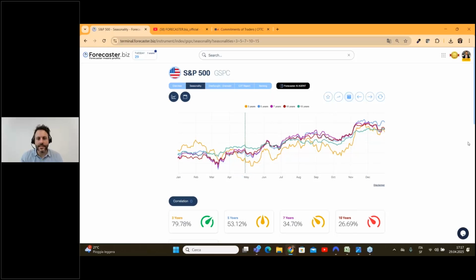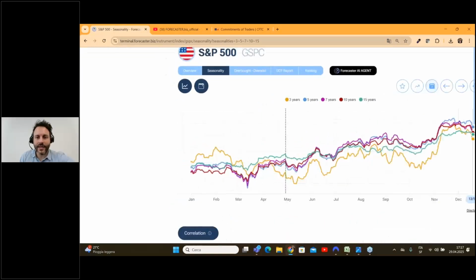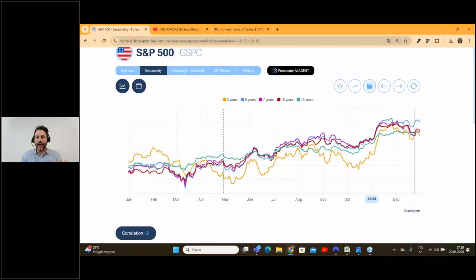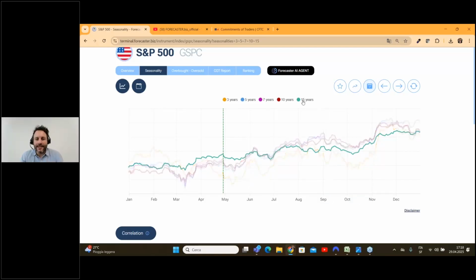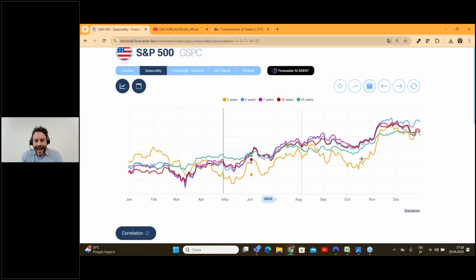Okay. So in this case, it is always really nice to see this kind of chart because, as you can see, even if you use the last 3 years to get an average of what happened on the S&P 500, or you use a 15 year average, you can find the same trends during the years.